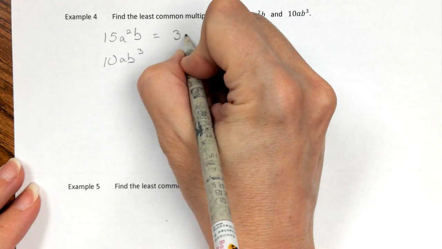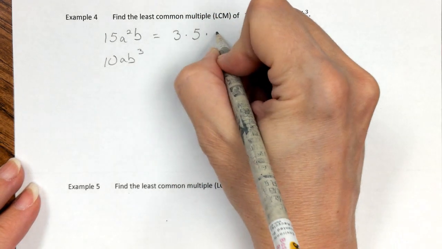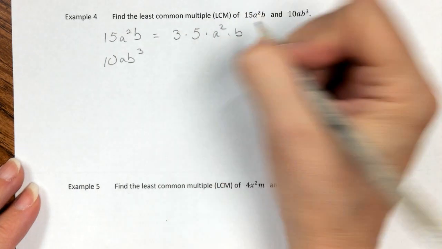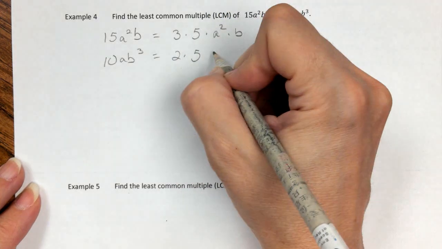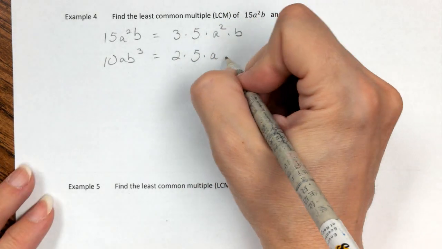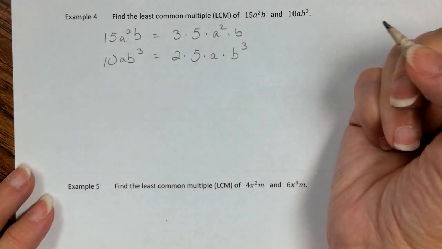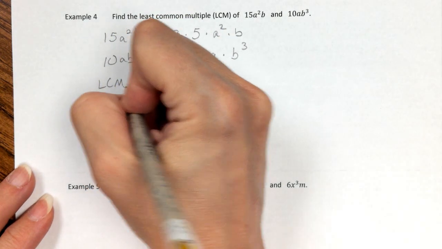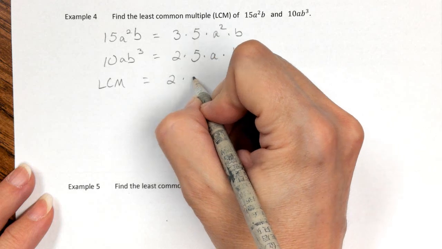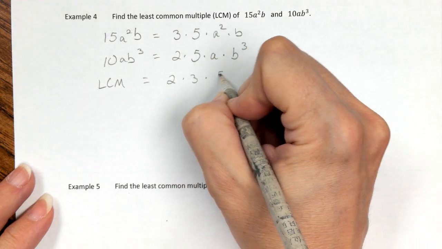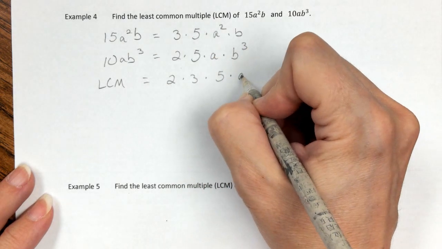So we have for 15, 3 times 5, and then that's times a squared times b. 10 is 2 times 5 times, and then with the variables a times b to the third. The LCM will include all the different factors. We have 2's, 3's, and 5's, and then also a's and b's.